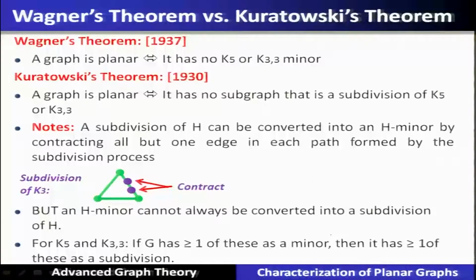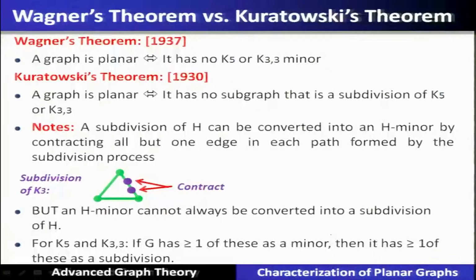Kuratowski in 1930 stated that a graph is planar, that is equivalent to saying that it has no subgraph that is the subdivision of K5 or K33. Now, this subdivision of H can be converted into H minor by contracting all but one edge in each path formed by the subdivision process.